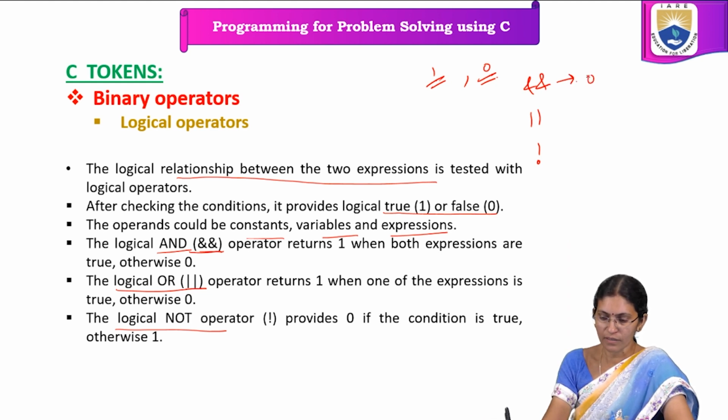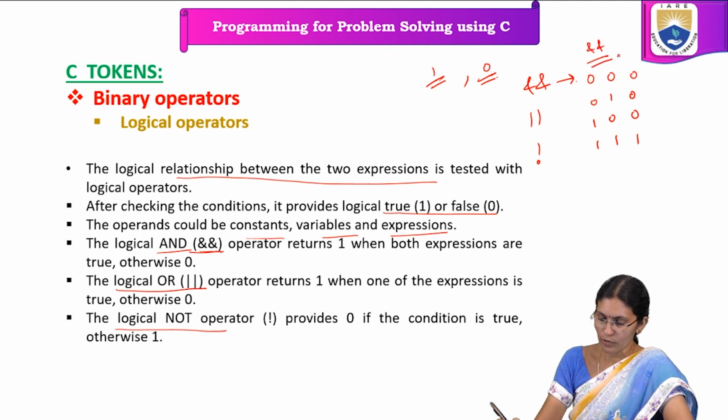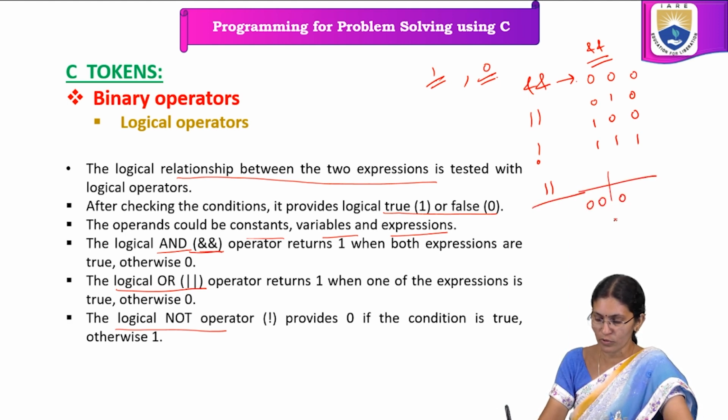Logical AND returns, if there are two expressions: 0, 0 will be evaluated to 0; 0, 1 will be 0; 1 and 0 will be 0; 1, 1 will be 1. Similarly, for logical OR, you can write the table: 0 0 means the output will be 0.